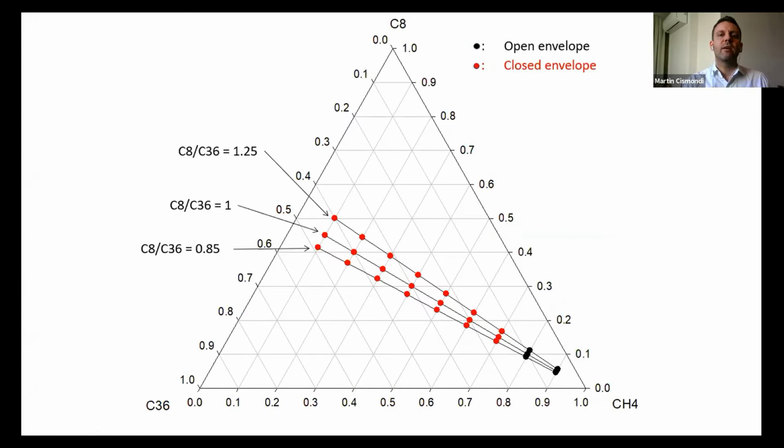So physically, you can interpret this like you have originally a fixed relationship between C8 and C36, and then you inject, let's say, more and more methane. So the methane mole fraction is increasing, but you keep the ratio between the heavy ones. So this is telling us that at some point we will change from closed envelopes to open envelopes.